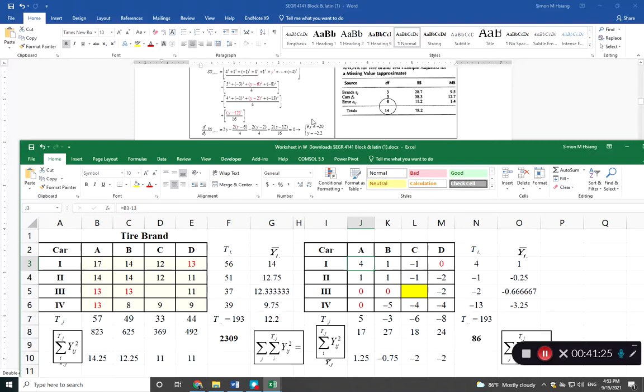And then, of course, remember our computation in sum of square error: overall, minus the Brand, minus the car, we need to add 1 back. So we add 1 back. And once you do that, this whole equation can be considered as something we would like to minimize. Why? Because the sum of square error should be as small as possible.